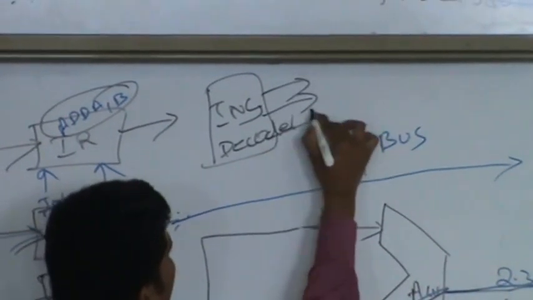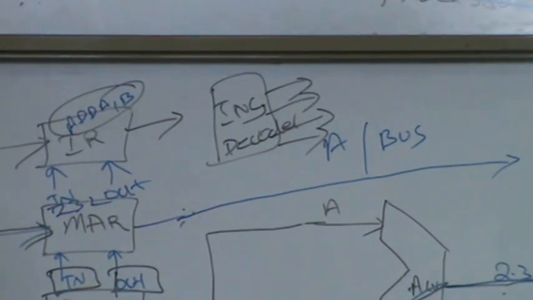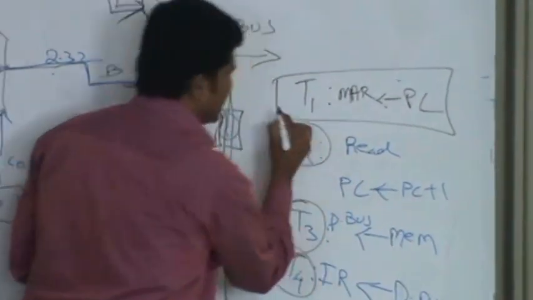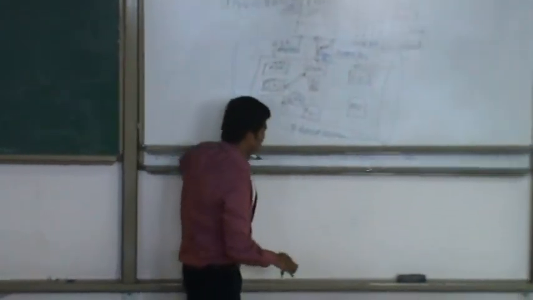The instruction decoder will decode and generate the appropriate control signals. So now we will write, for T1, how we are generating the control signals for PC to MAR.